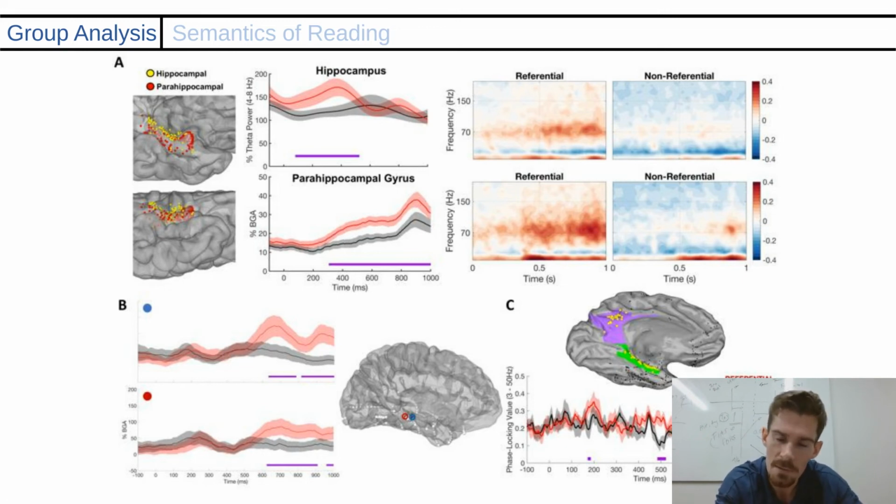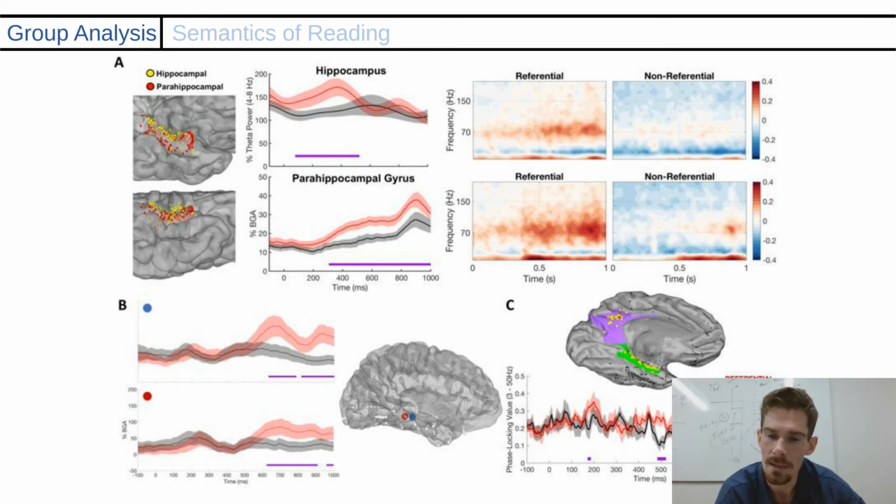And you can see a nice pickup effect where you have early, roughly N400 window effects in hippocampal theta being immediately followed by parahippocampal gyrus BGA effects. And as you can see from the spectrograms, the effect is extremely clear, both for low frequencies in hippocampus and in higher frequencies for parahippocampal gyrus.